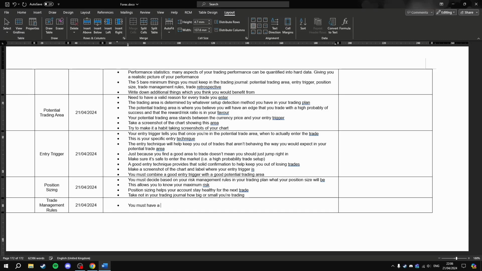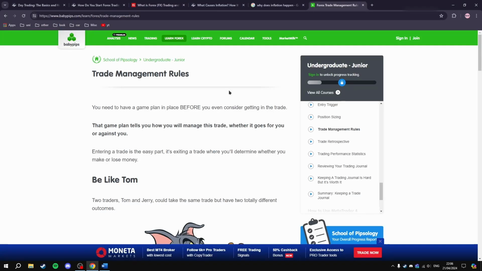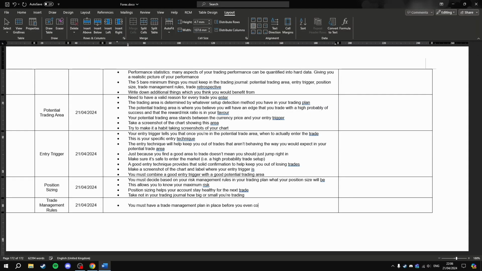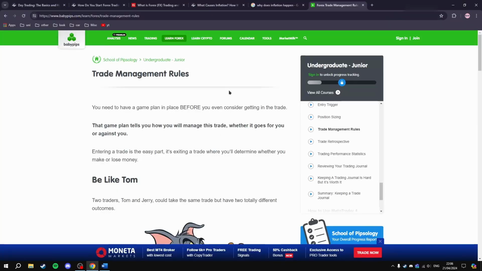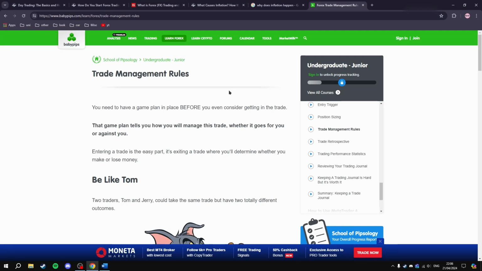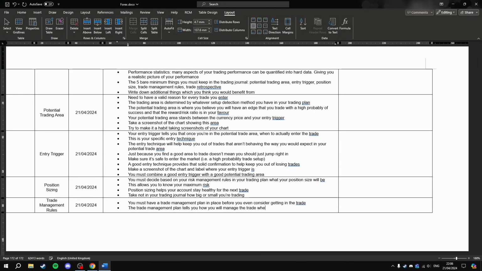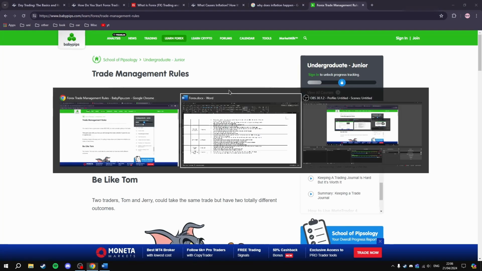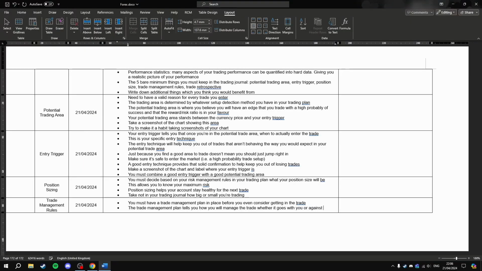You must have a trade management plan in place before you even consider getting in the trade.